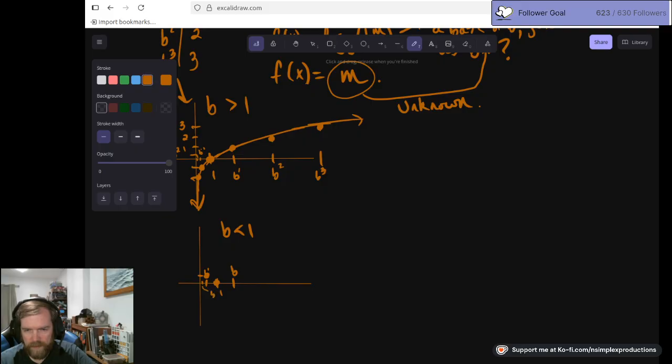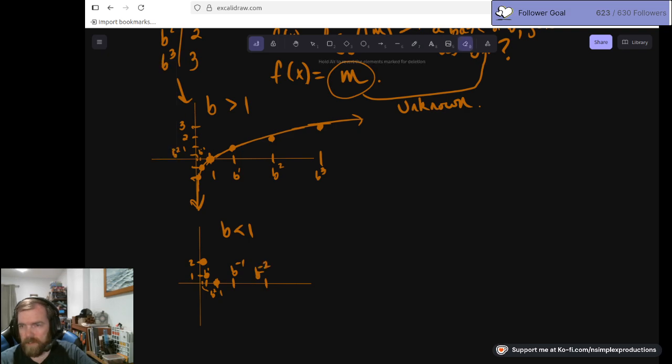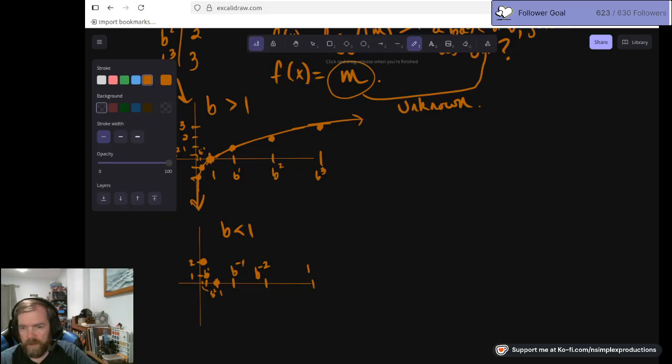That is going to be b to the second power, because when you multiply by something that's smaller than 1, it itself is going to get smaller. So then b to the negative first is going to be out here. b to the negative second is going to be out here. And b to the negative third is going to be out here.